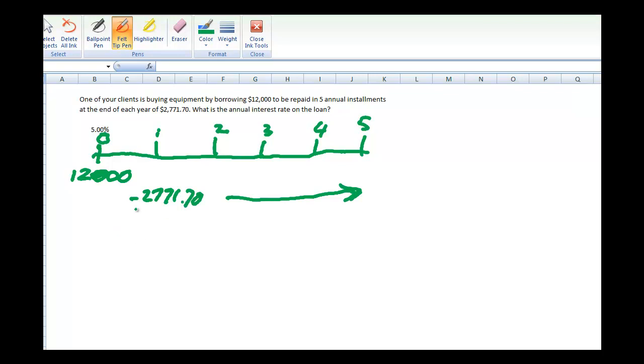Okay, so what I want to do here is put this in a formula so you can understand what I'm doing.